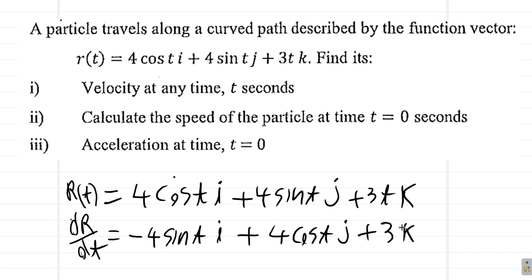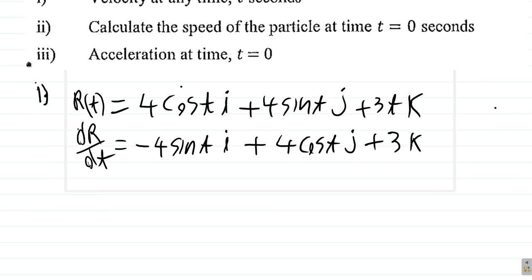Now, that's part 1. The velocity at any time t seconds is this. Part 2 now: the speed of the particle at t equals 0. You change the word from velocity to speed because you will not have a direction now.